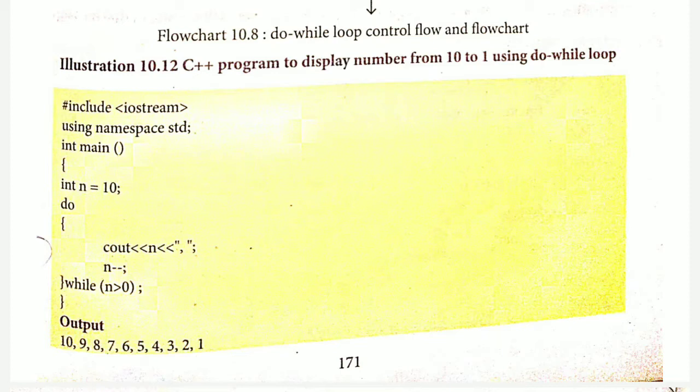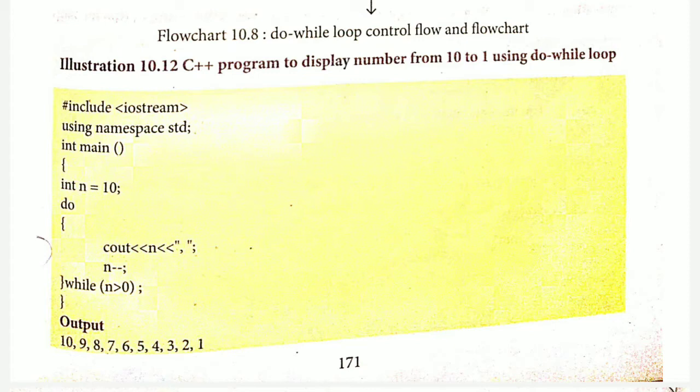n minus minus is a decrement operator, which means that the n value will be reduced one by one. Now the value of n is checked. If n is greater than 0, the condition is true, then it will come back again to the top.